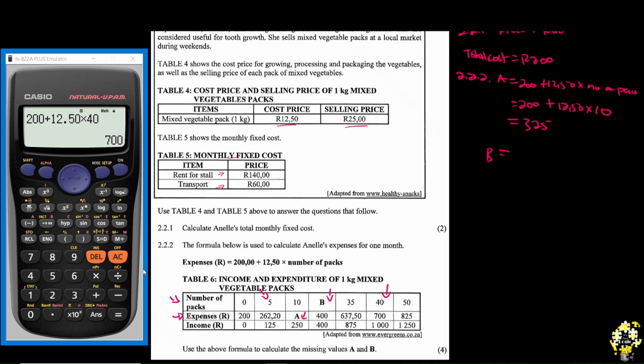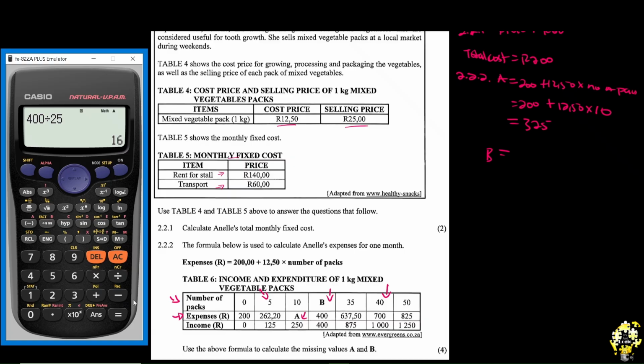You can do it the income way, you can do it the expense way. The simple way is this: if I have received 400 income, and I sold each and every one of those for 25 rands, here's the selling price.